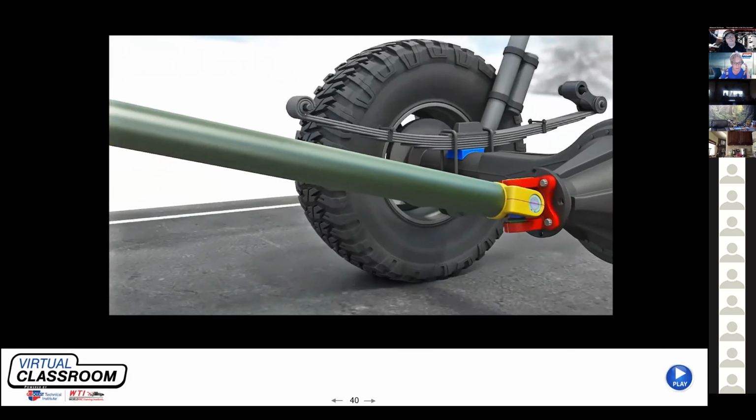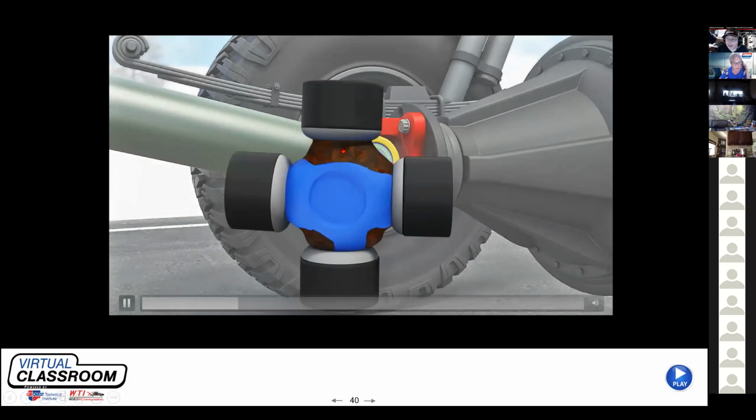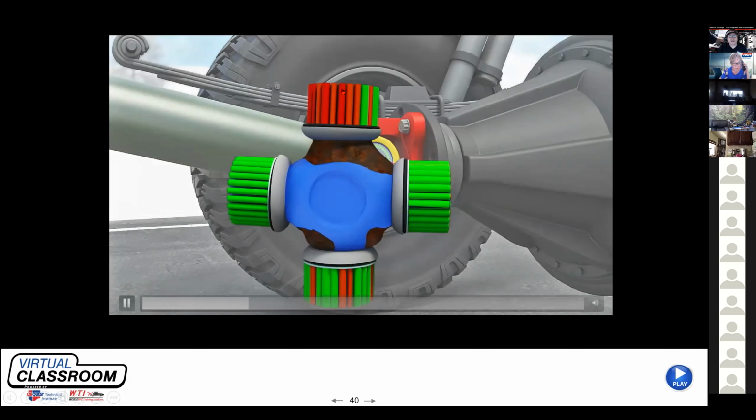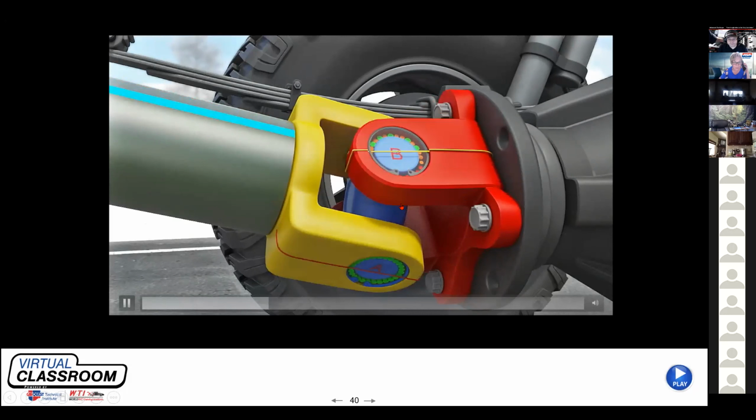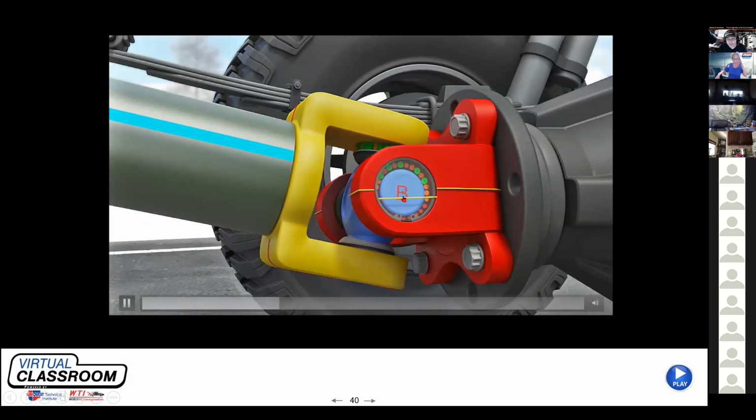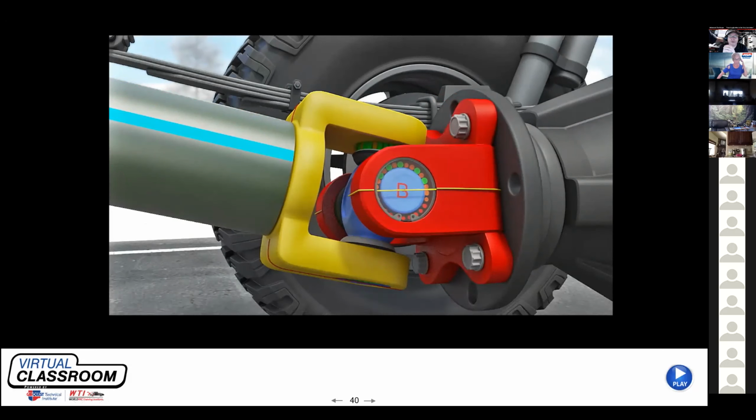But if I go back and build a bad U-joint, it's going to be bad here, okay? So here's a bad U-joint. You see that there's going to be some motion there. That cannot produce an order 1 vibration. An order 1 is 1 shake per revolution.